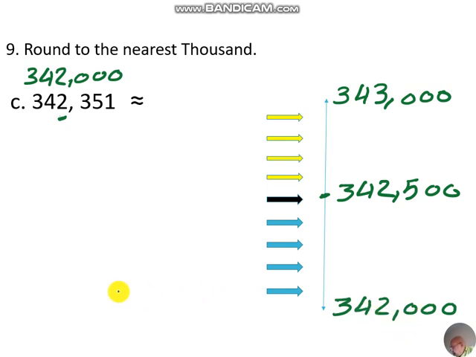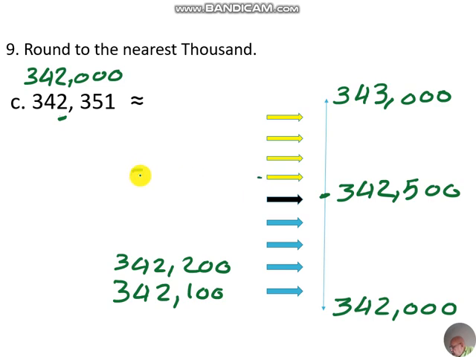The first one here is 342,100. The one above, 342,200, and so on, 342,500, and this one here 342,600.